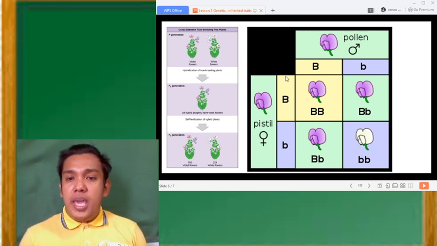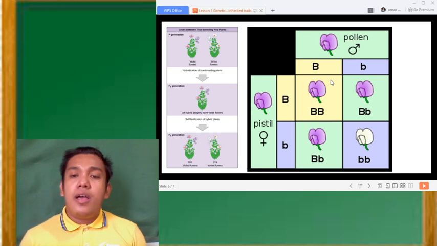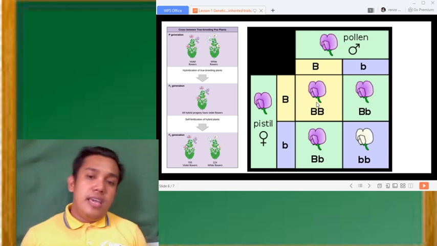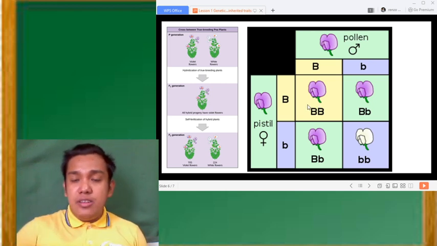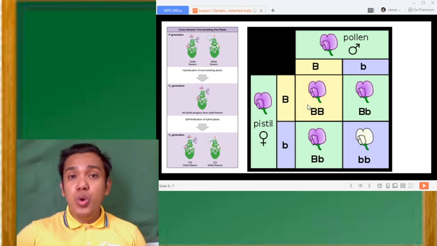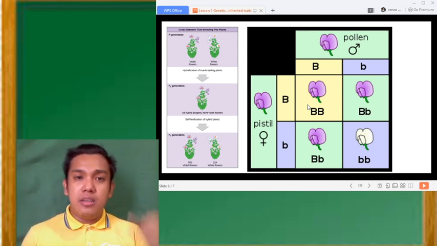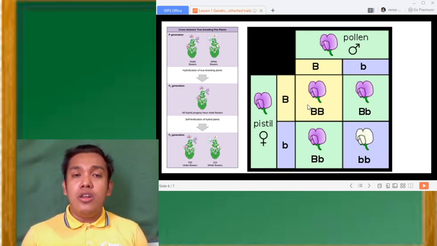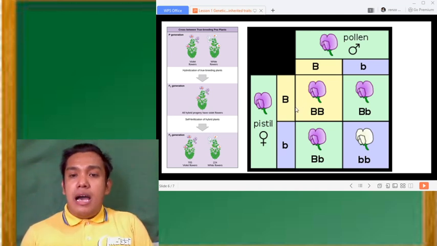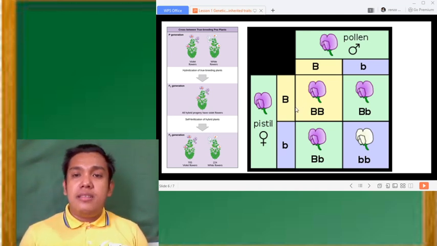We have recessive and dominant traits, and we have homozygous and heterozygous. For our genotype, we have two colors, purple and white. Capital letter B represents the color purple, and the lowercase b represents the color white.